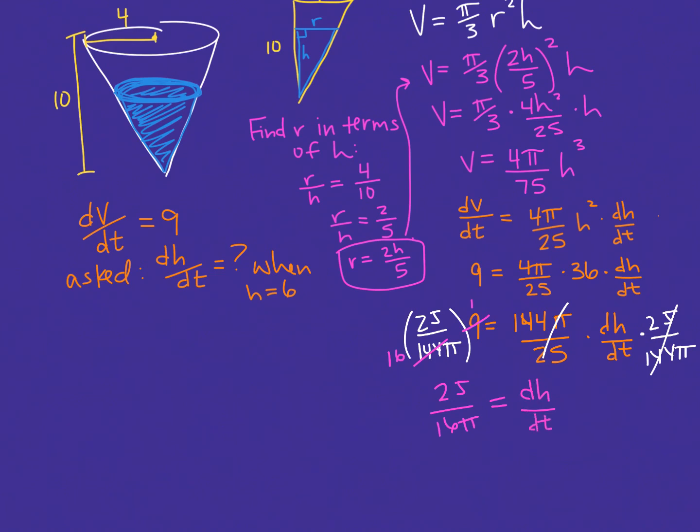Depending on the problem, sometimes we can leave it like this, especially if it's AP calculus and you're looking to just do things by hand, or you can put this in your calculator. So we can also say that this would be 0.497, and then we do need units, so it's either 25 over 16 pi or 0.497, and it's the rate of change of the height with respect to time.